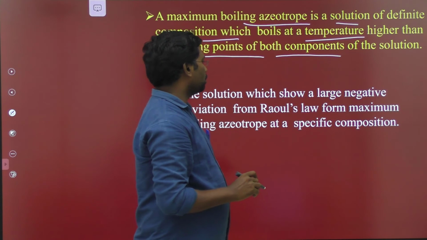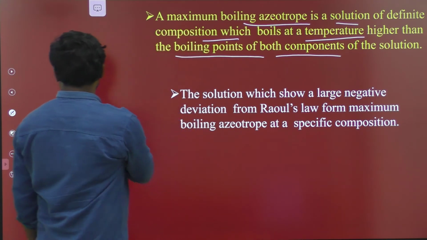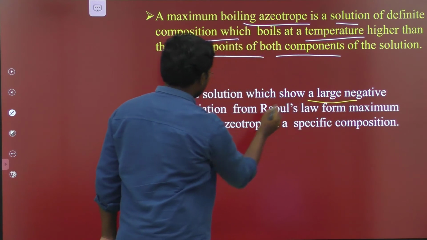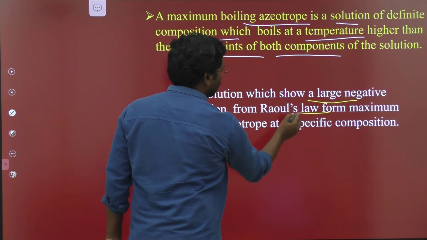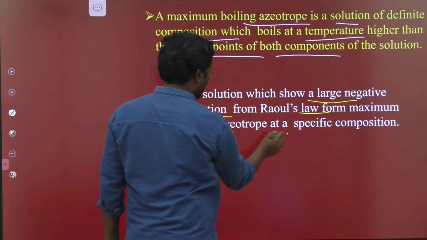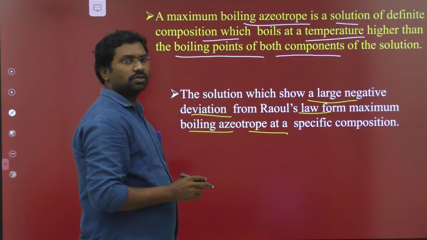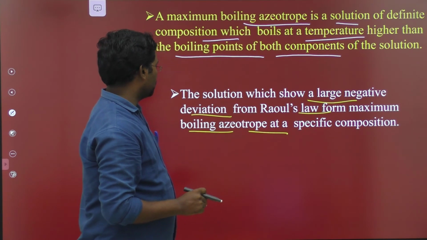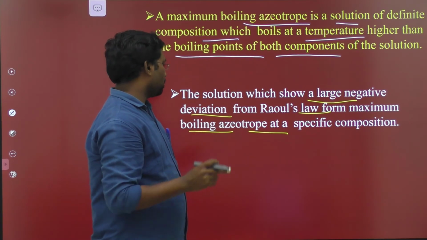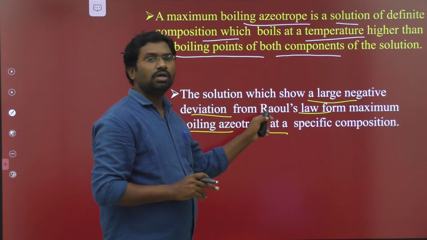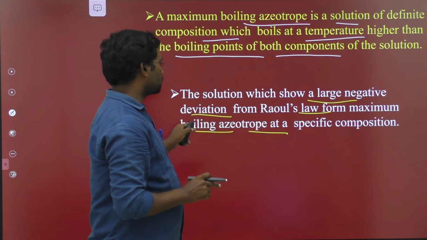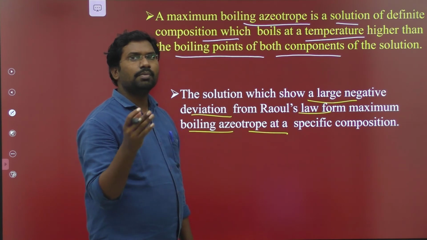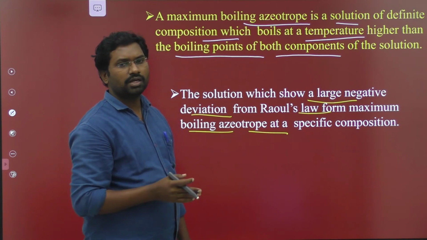The solution which shows a large negative deviation from Raoult's law forms a maximum boiling azeotrope at a specific composition. This is about the minimum boiling azeotrope and maximum boiling azeotrope.